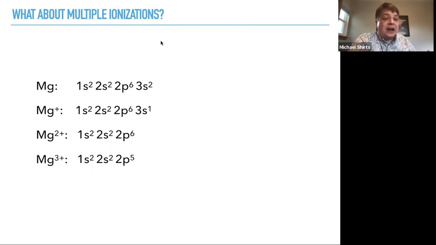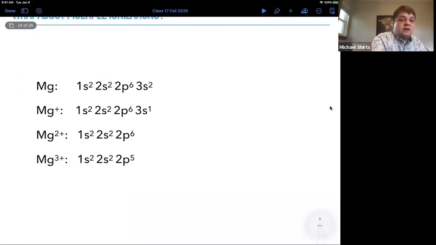And so if we actually pull up the numbers, the first ionization energy is 737 kilojoules per mole. The next one is more energy, but about the same magnitude, 1,451 kilojoules per mole.